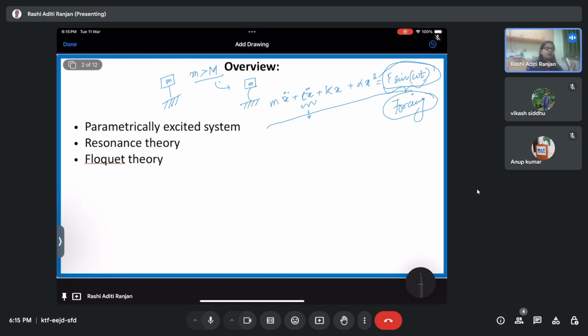Like for example, if I talk about dielectric elastomer. I am doing my research in dielectric elastomer, and we work on finding the equation of motion. In a dielectric elastomer, I have an elastomer like this, and I apply electrodes over here and then apply a voltage through it.